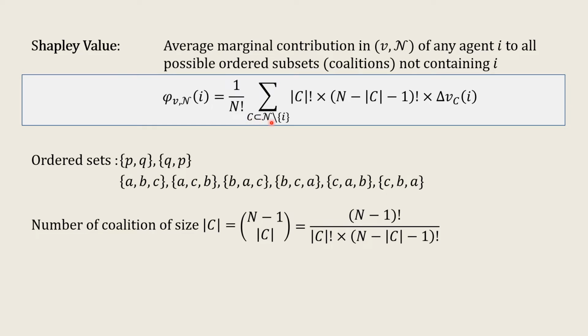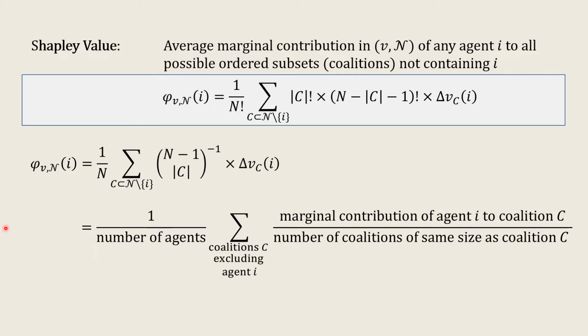We sum over all possible coalitions that do not contain i, but we apply a weight to each coalition C, and the weight is inversely proportional to the number of coalitions of the same size as C. Then we normalize so that all the weights add up to 1, so that this is indeed an average marginal contribution. We divide by n factorial. So that's the expression for the Shapley value.